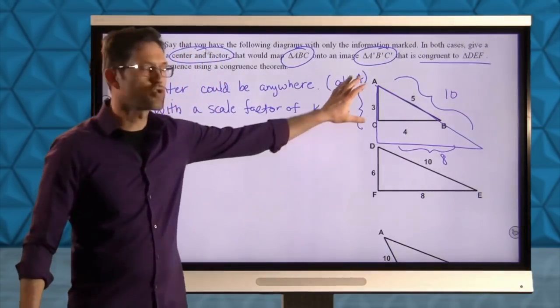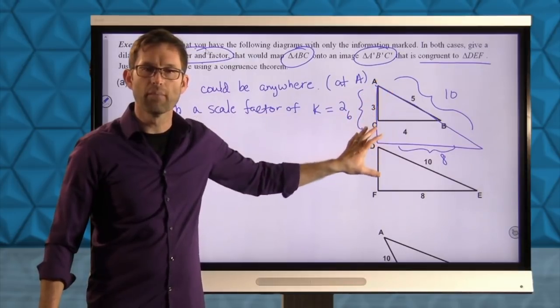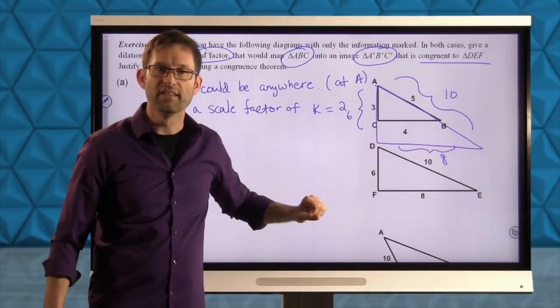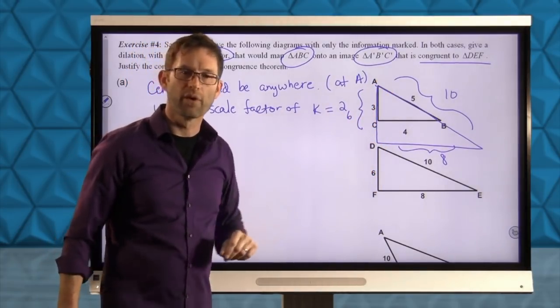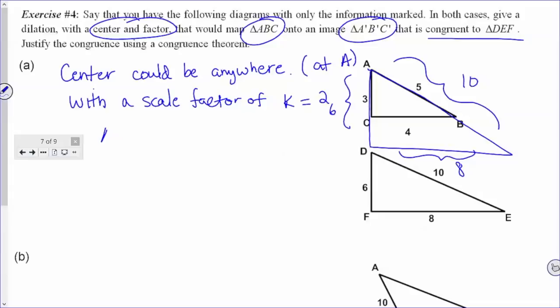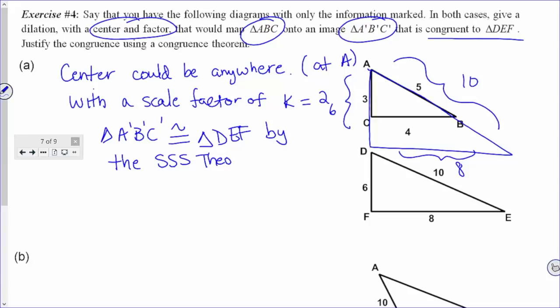And of course, now triangle A prime, B prime, C prime will be congruent to triangle DEF for one very simple reason, right? Triangle A prime, B prime, C prime will be congruent to triangle DEF by the side-side-side theorem of congruence.